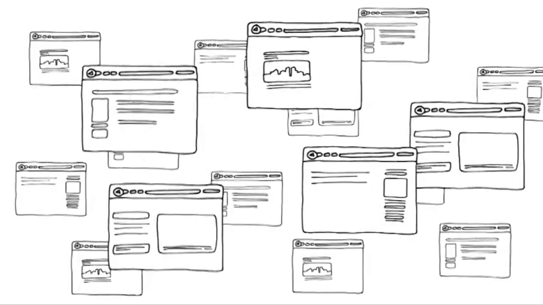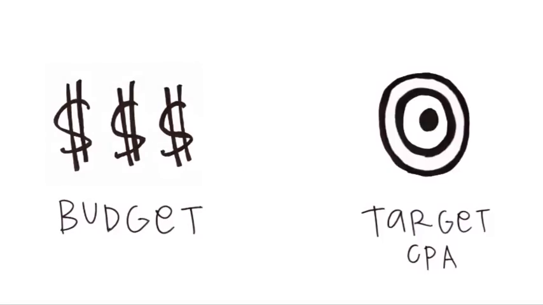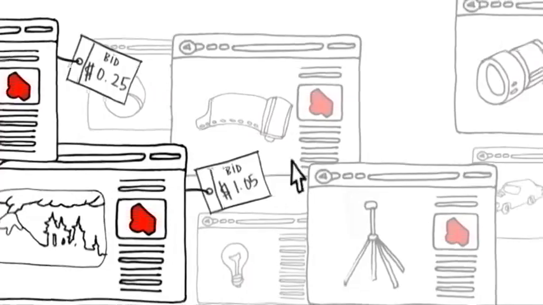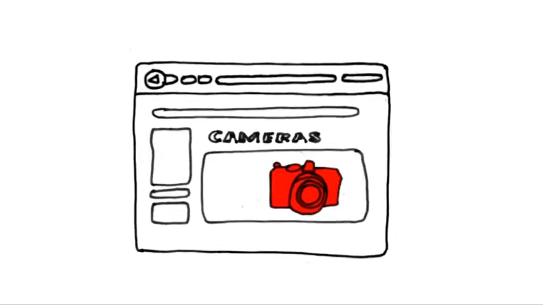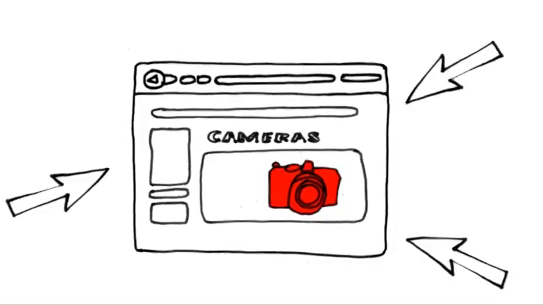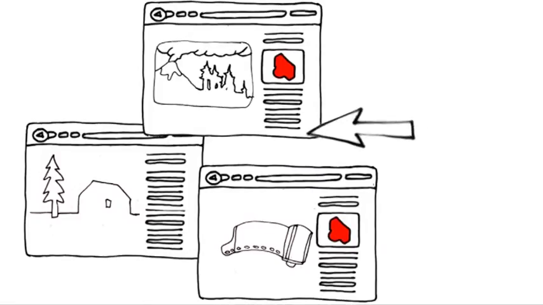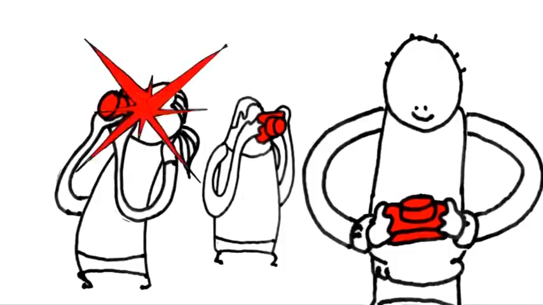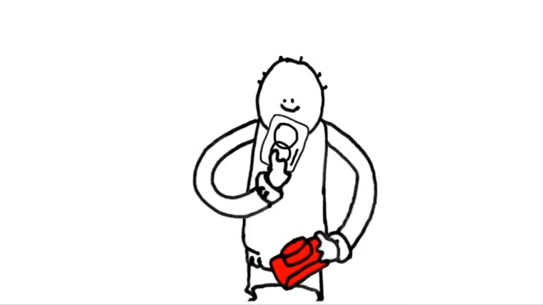It's a tool that automatically finds the best places to show your ads on the millions of pages across the Google Display Network. Set your budget and target CPA, and the Display Campaign Optimizer will manage bidding and targeting on your behalf to deliver as many conversions as possible at the lowest cost possible based on your target CPA. It works by taking a lot of information into account when targeting and optimizing your campaign, like what your ads say and what landing page you're using. It also considers what specific web pages in the Google Display Network are about. And it looks at information about the people you want to reach, where they are, what time it is, and how likely they are to buy from you.